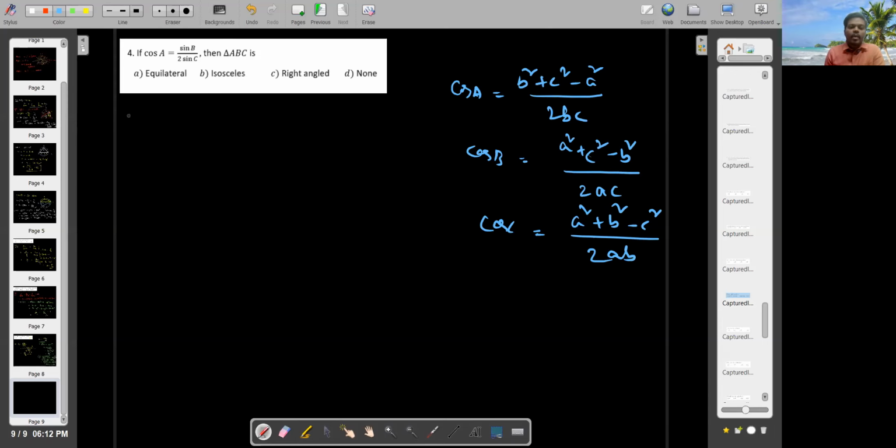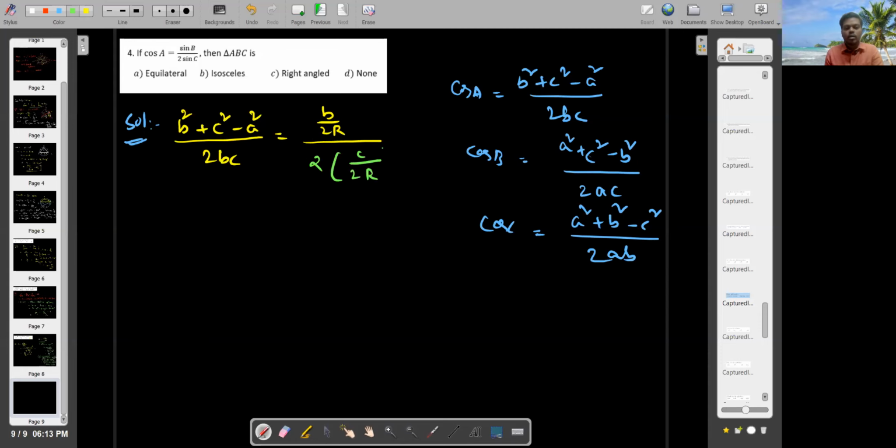Now, if we take this equation, cos A, we can substitute (b square plus c square minus a square) by 2bc equal to sin B value from the sine rule, b by 2R, by 2 times the sin C value, which is c by 2R.